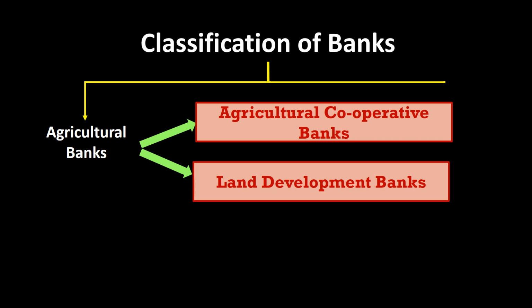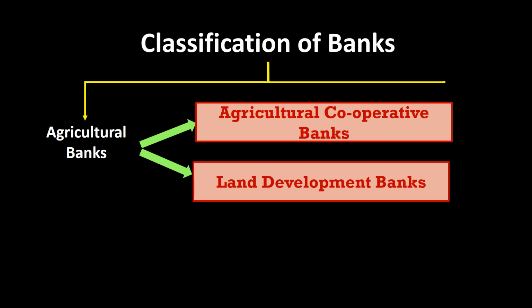The agricultural banks in India are of two types: agricultural cooperative banks and land development banks, also called land mortgage banks. The agricultural cooperative banks provide short term finance to agriculture for the purchase of fertilizers, pesticides, seeds, and for the payment of wages.